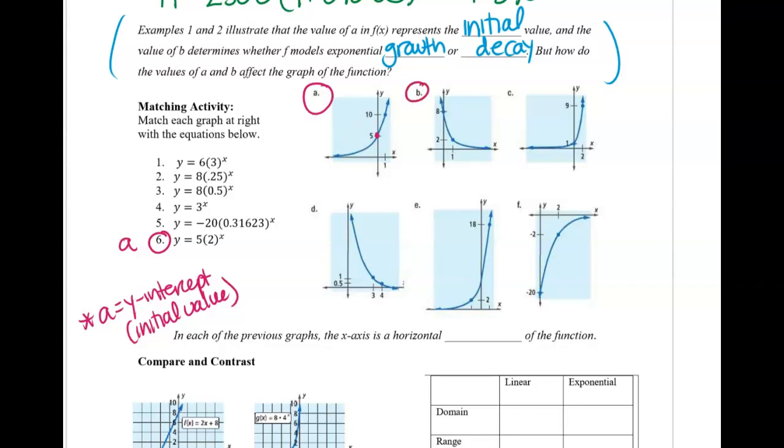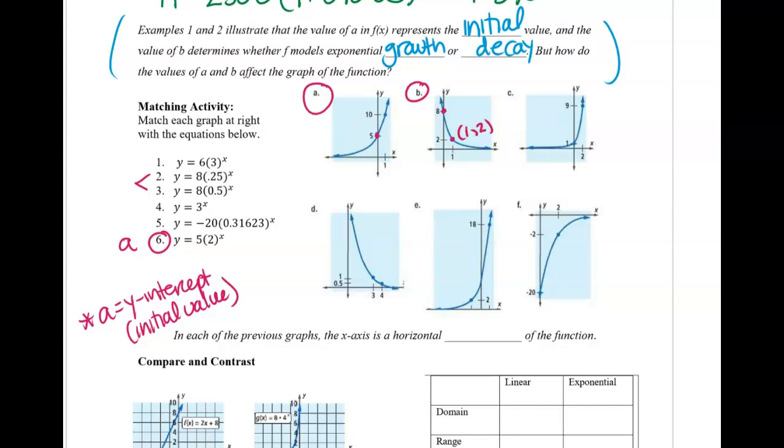If we look at B, our initial value is 8. So we're looking for an A of 8, and then it's decay. So let's see. Here's a slight problem, right? Because I see two 8s with decay. However, we have another point. We have the point 1, 2.